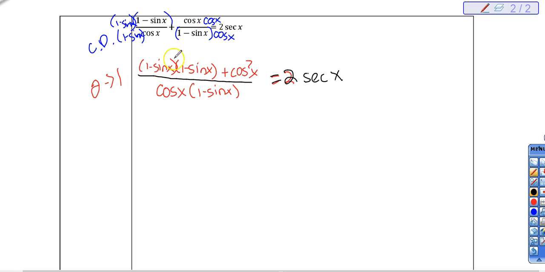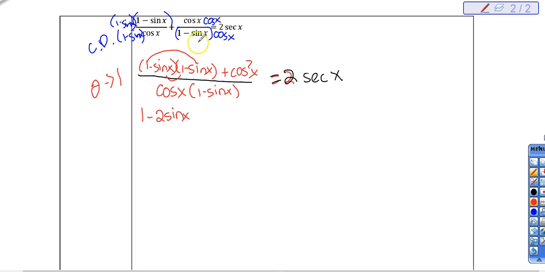So I'm going to multiply this out. So what do I get? You guys tell me. 1 times 1. And then negative sine x and negative sine x is, no, I'm adding. Negative sine x minus sine x is negative 2 sine x.